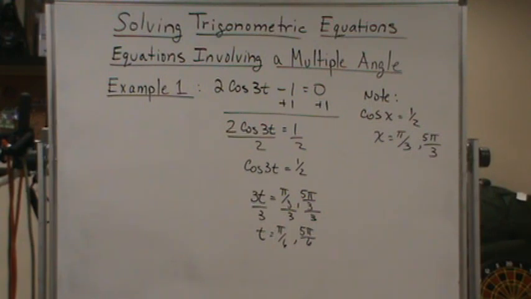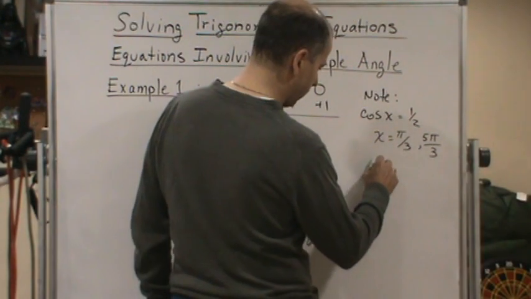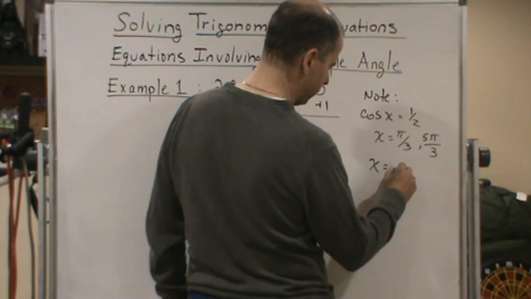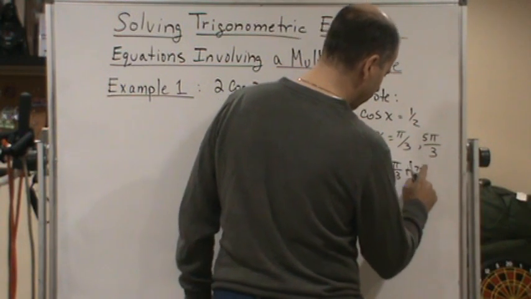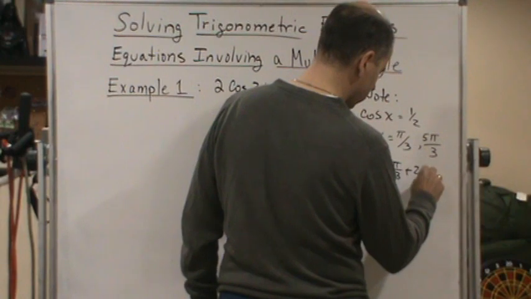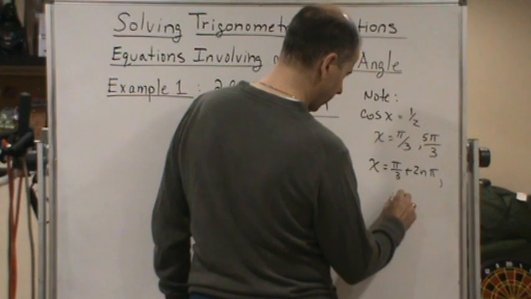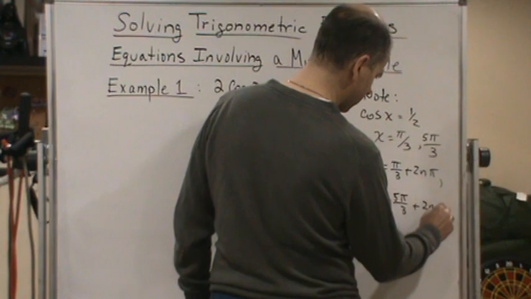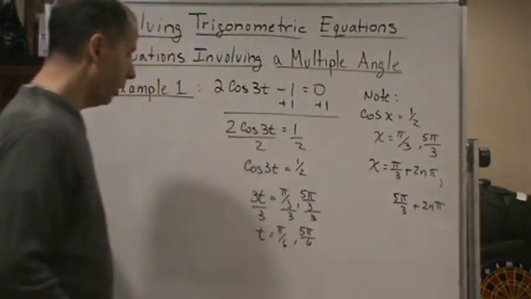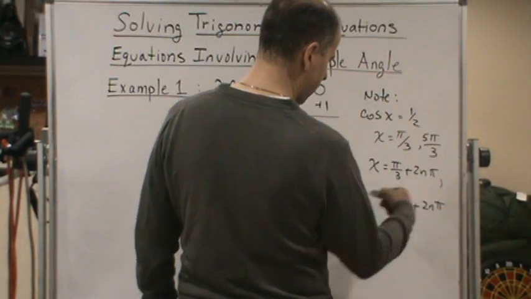And of course, if we want the general solution, then over here the general solution would be x equals pi over 3 plus 2n pi and 5 pi over 3 plus 2n pi. In that case, we have to divide this term by 3.